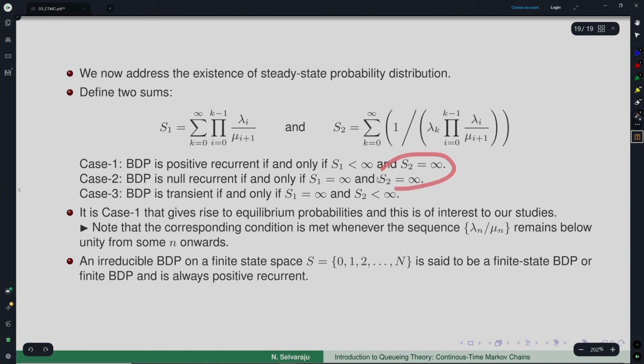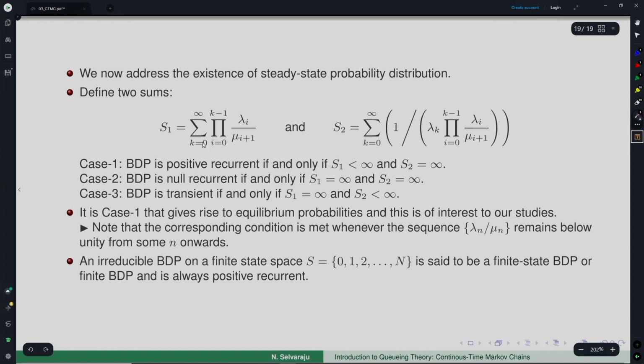Now, within this recurrence, if I want the positive and null recurrence to be separated, then I have to look essentially at S1, which is the most crucial one here. If S1 is also infinite then it is null recurrent, and if S1 is finite then it is positive recurrent.